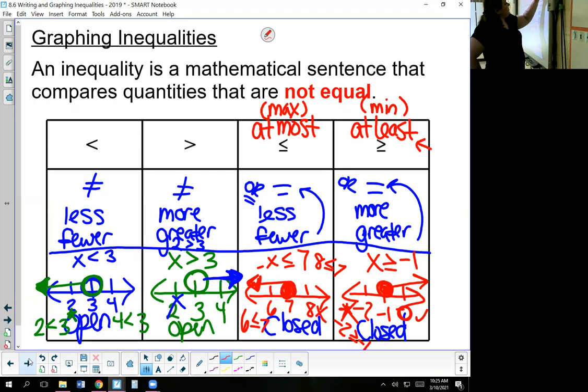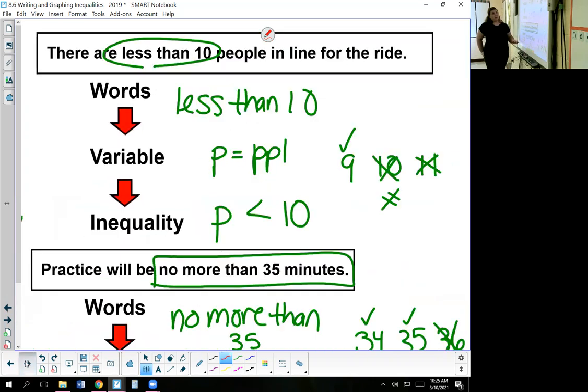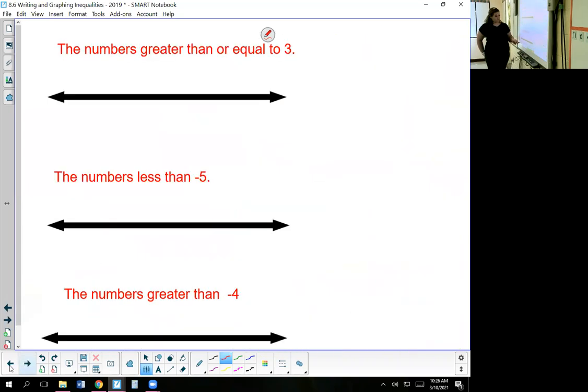I always tell kids, if you're confused, think about your grades. Like you will get a reward if you have at least 5 merits, or you'll get a reward if you have at least 10 check marks for your homework pass. You can't have 9 and get a homework pass, but you can have 10 and get a homework pass or more. So that's what I wanted to clarify. Those are the two parts that kids get wrong all the time. Do not rush on those. And I think that's pretty much it.